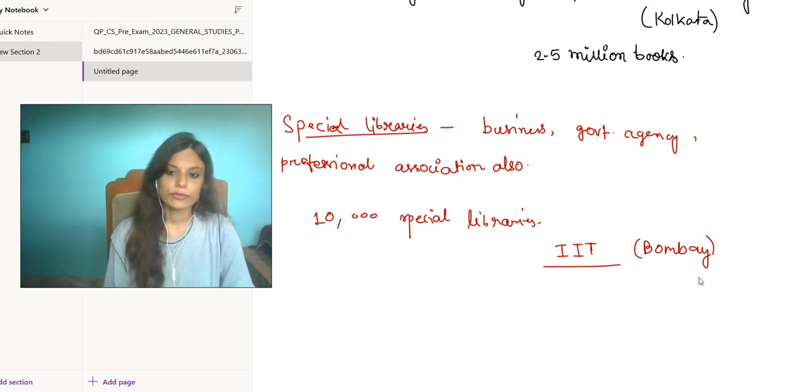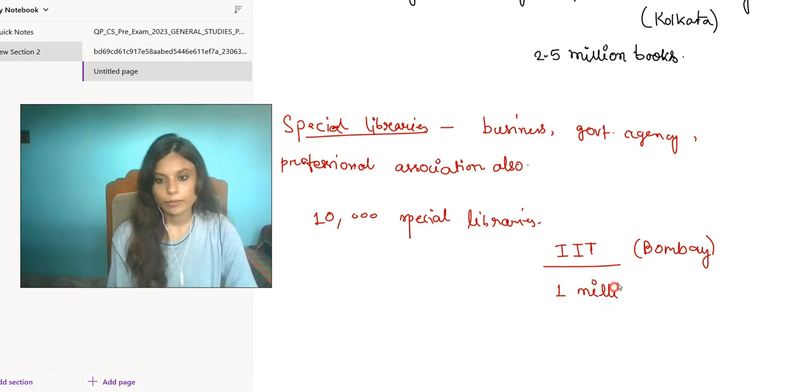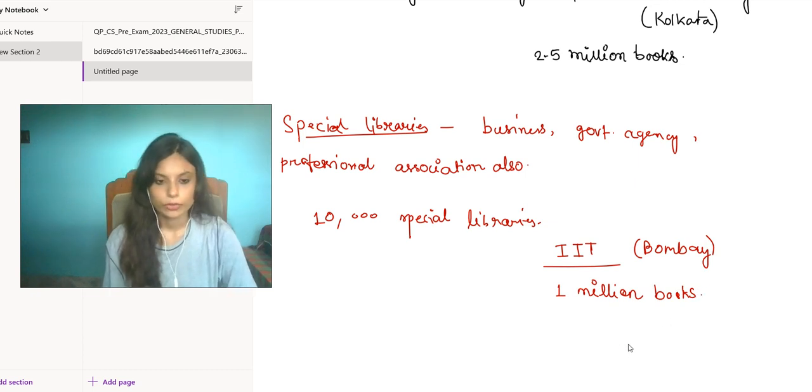The library of IIT Bombay has a collection of over 1 million books. There are books, manuscripts, maps, and different other materials also, and so on and so forth.